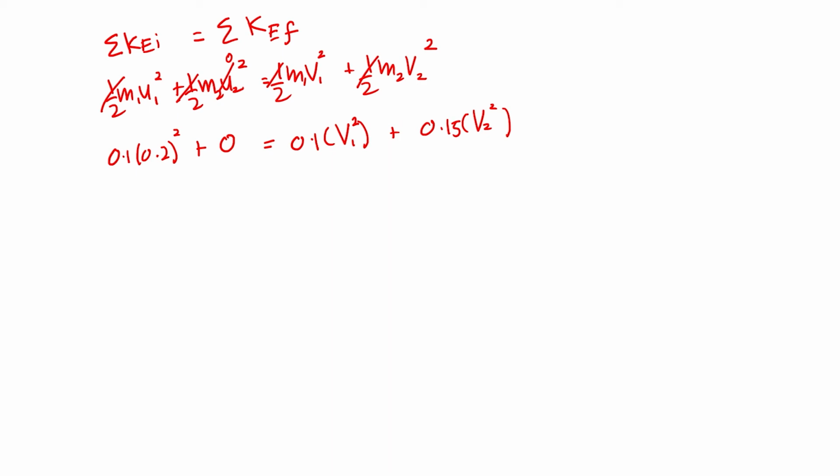Then after expanding, you get 0.04 equals 0.1 V1 squared plus 0.15 V2 squared. And this is equation number 2.